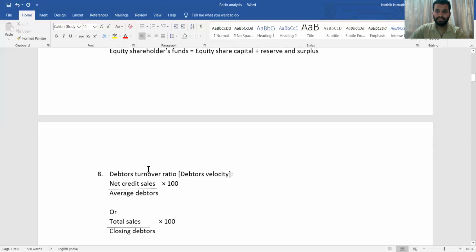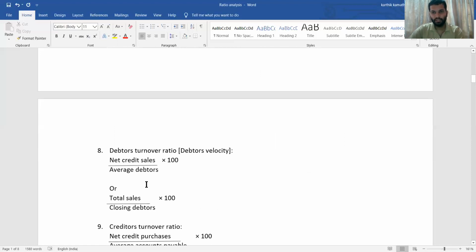Next, debtors turnover ratio or debtors velocity ratio. Debtors means it is regarding sales. So it is net credit sales divided by average debtors into 100, or else total sales divided by closing debtors into 100. Closing debtor is the debtor given in the balance sheet at the closing date or closing year.